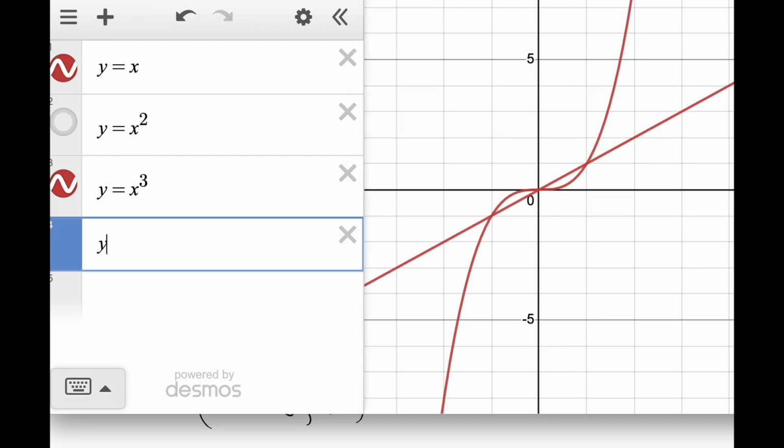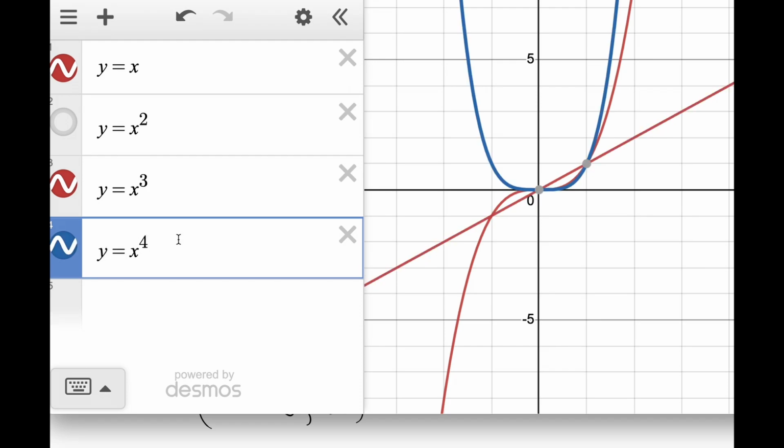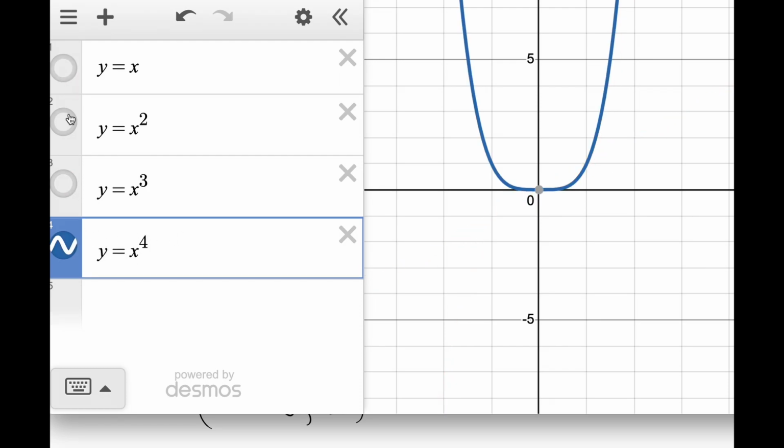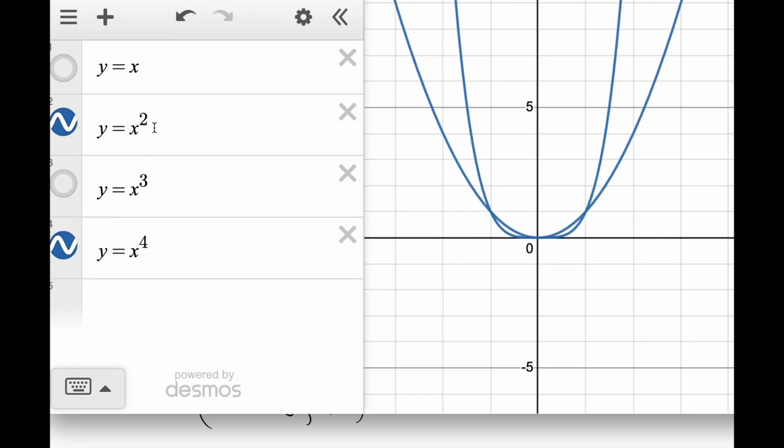It turns out that y equals x to the power of 4 is actually more similar to the function x squared. They share the same basic properties, that they're going to extend forever to the right and left, and they both extend forever upward, but with both of them we don't get any negatives.